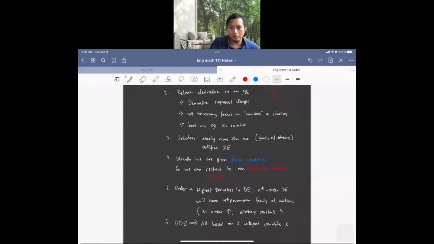So let me move to the next page. This is just the last part for today's class. So the solutions and the interval of definitions.